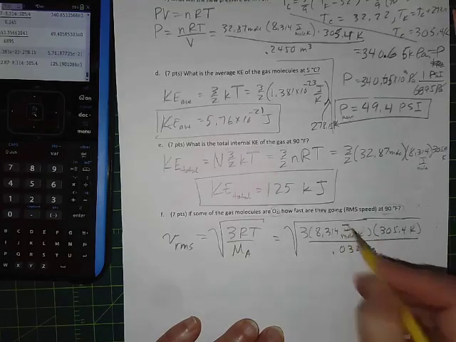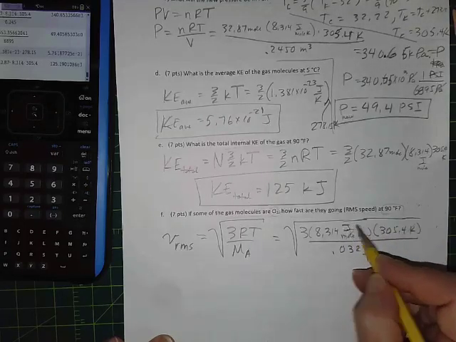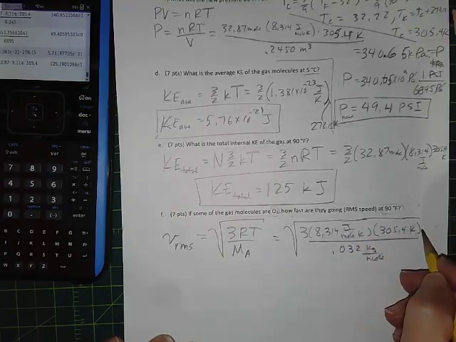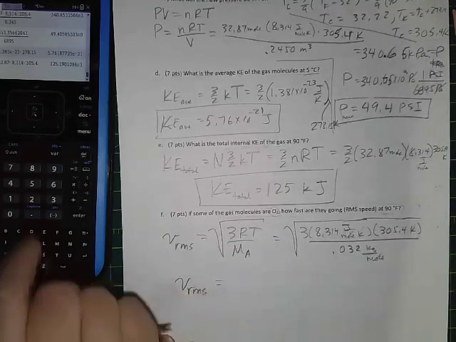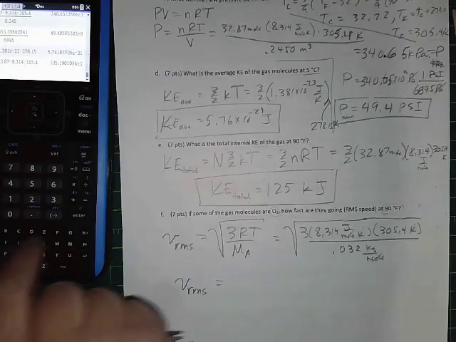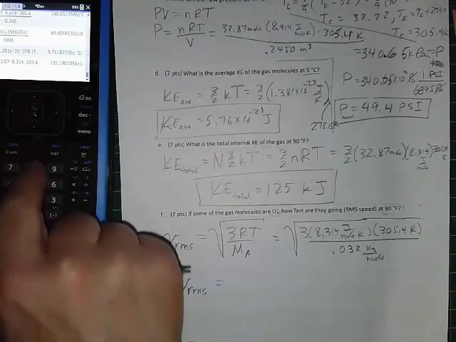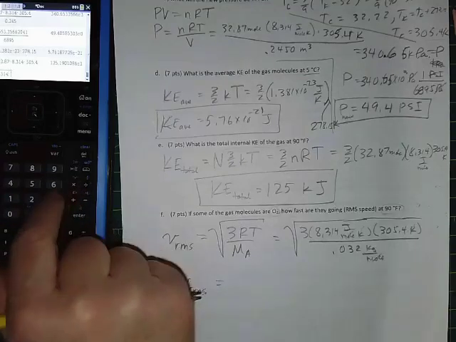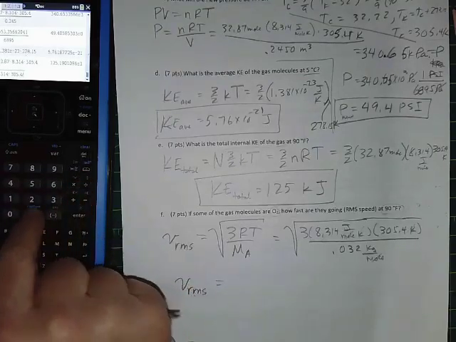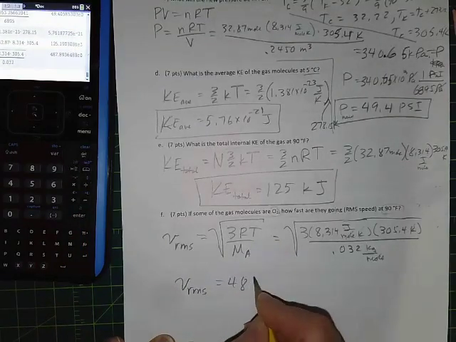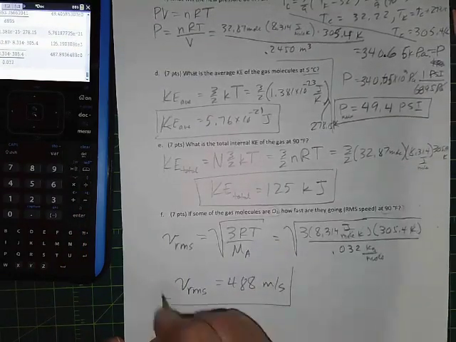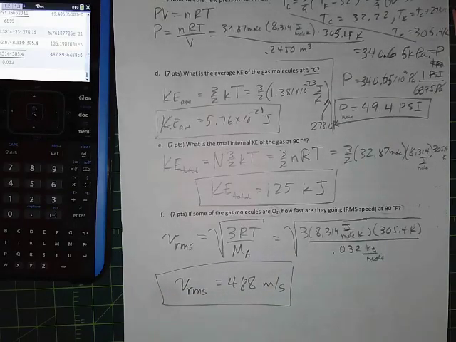Anyway, we got kilograms and joules, but everything's in standard units, so we'll end up with meters per second. VRMS is square root of 3 times 8.314 times 305.4 divided by 0.032. 488 meters per second. Velocity of the oxygen O2 molecules. Alright, I think that will do it.